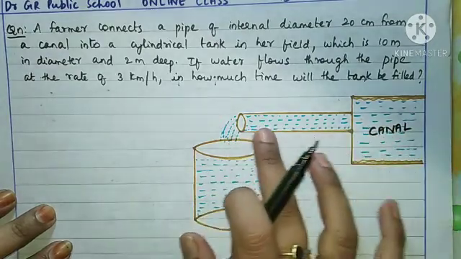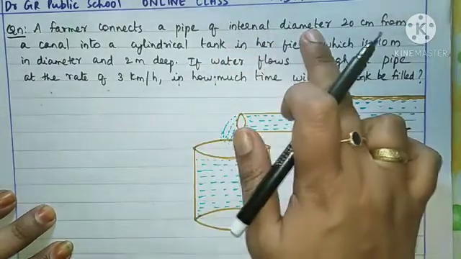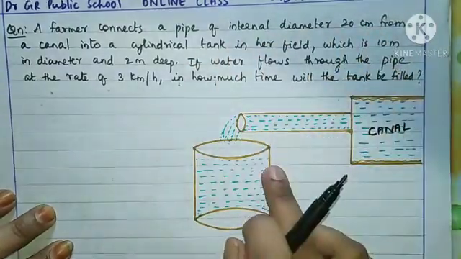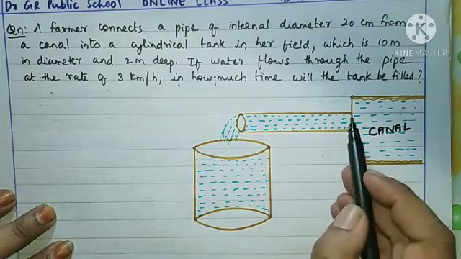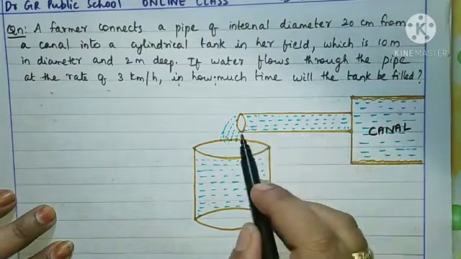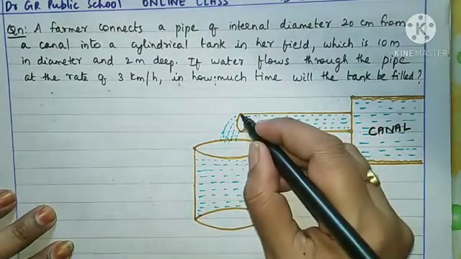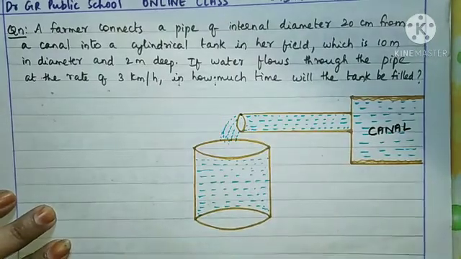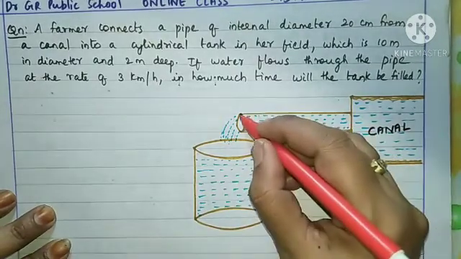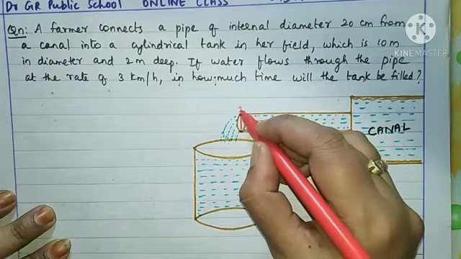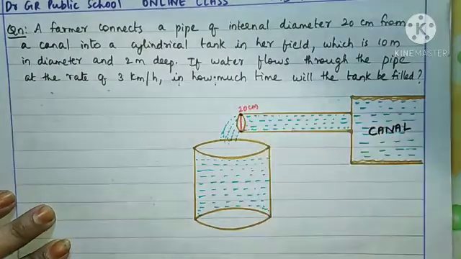Okay, and this pipe internal diameter 20 cm is given. So consider this is the pipe from the canal and the internal diameter means the diameter of the pipe is 20 cm. Okay, and what else is given?